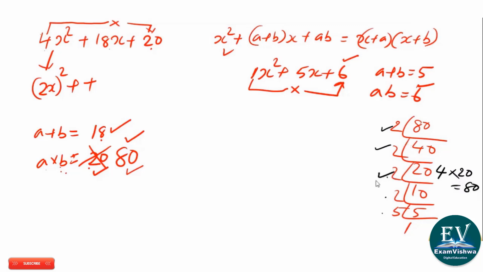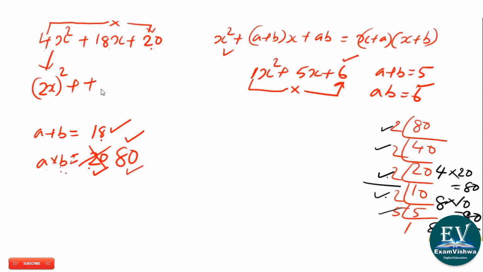We will take three 2s here, which means 2 into 2 into 2 is equal to 8, and 5 into 2, that is 10. Again the product is 80 and we can add 8 plus 10 to get 18. So that is the mechanism.